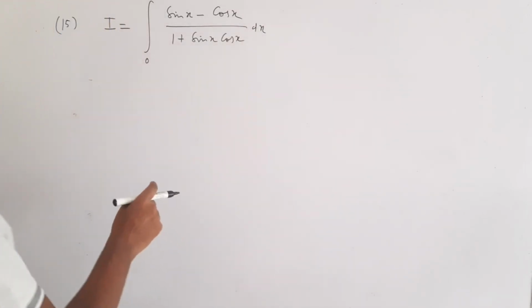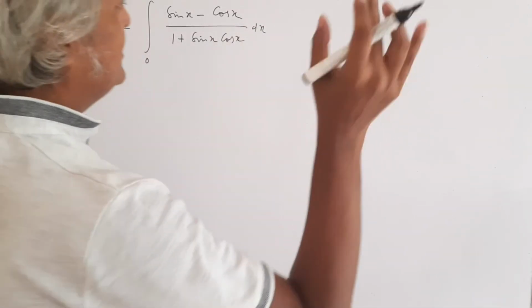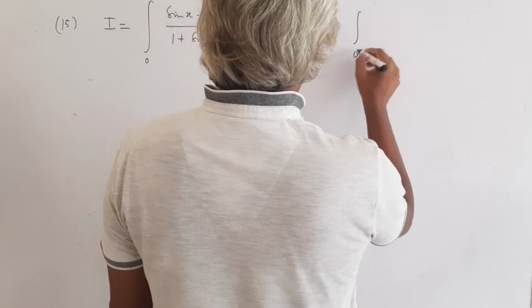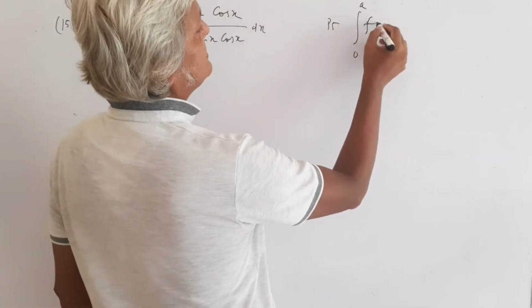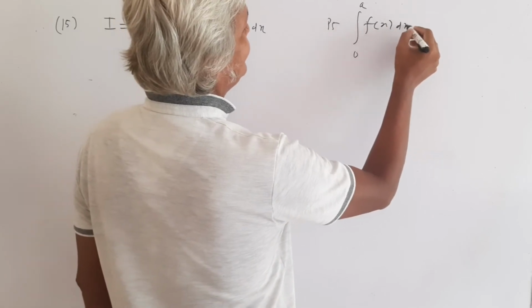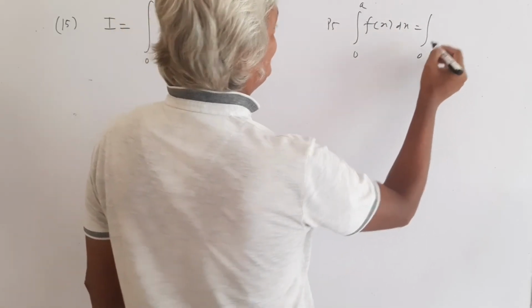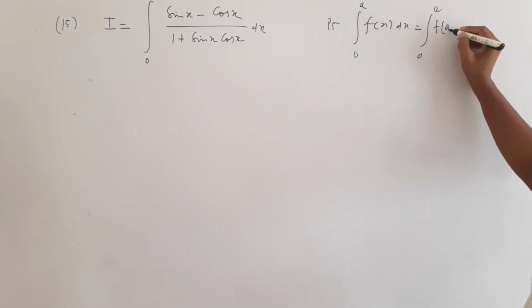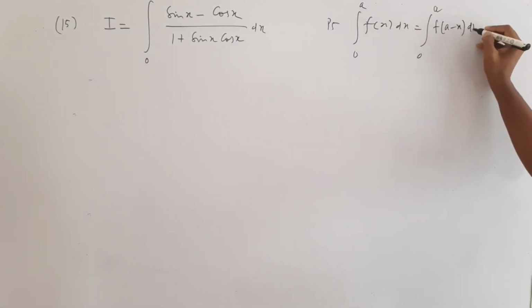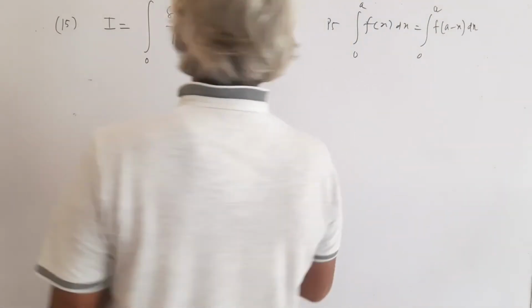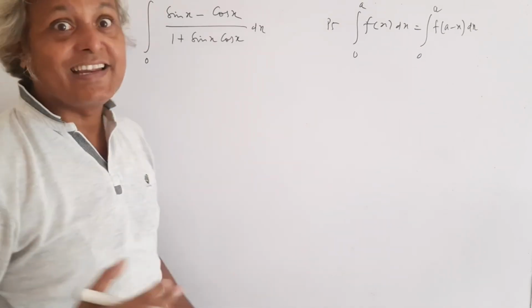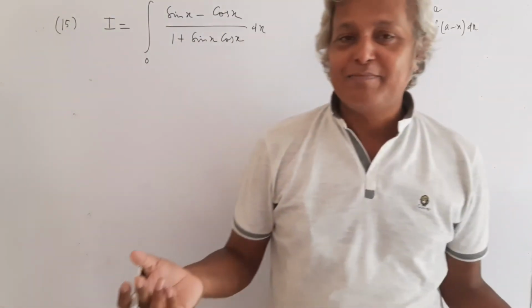Now my understanding says that property 5 is very helpful. That is, the integral from 0 to a of f(x) dx is the integral from 0 to a of f(a minus x). So now you know sine of pi by 2 minus x, that is sine of 90 minus theta, is cos theta.